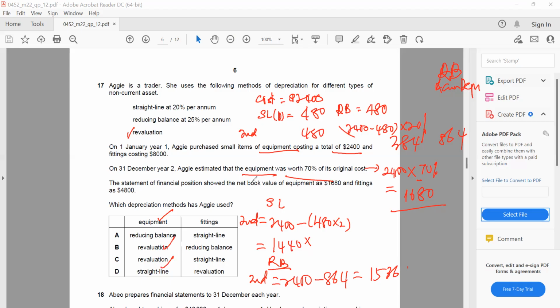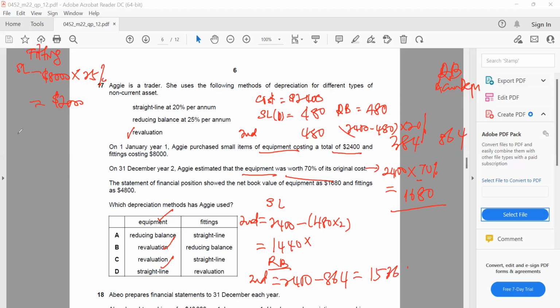Where I'll come to the fitting. Fitting is 25% per annum. So if I calculate for the straight line, this is for the fitting. Straight line is taking the 8,000 times 25%, which is the 2,000.